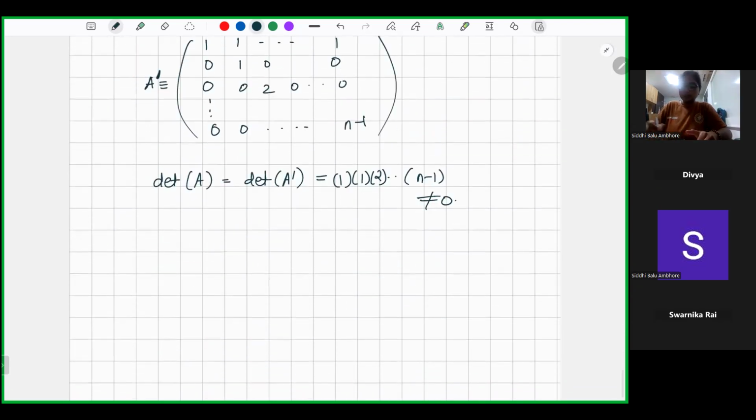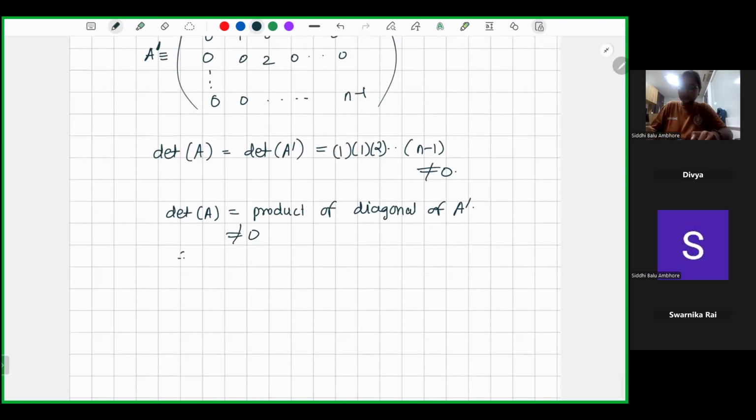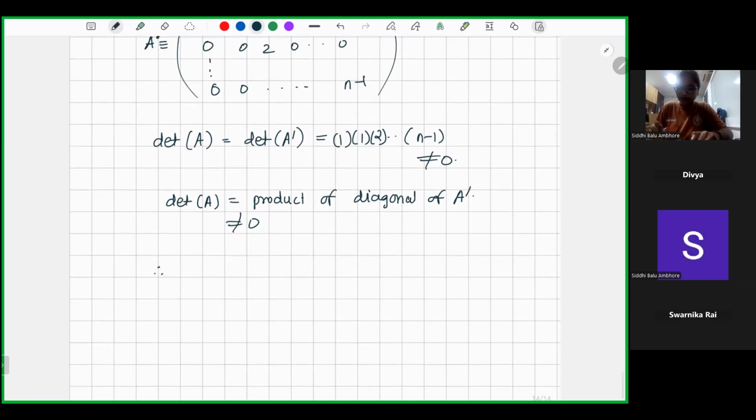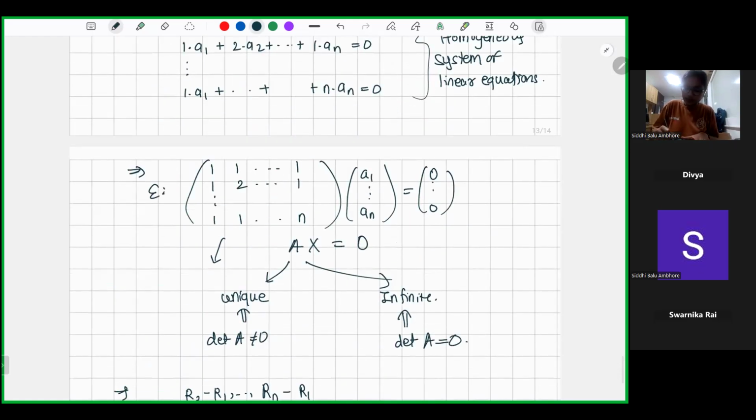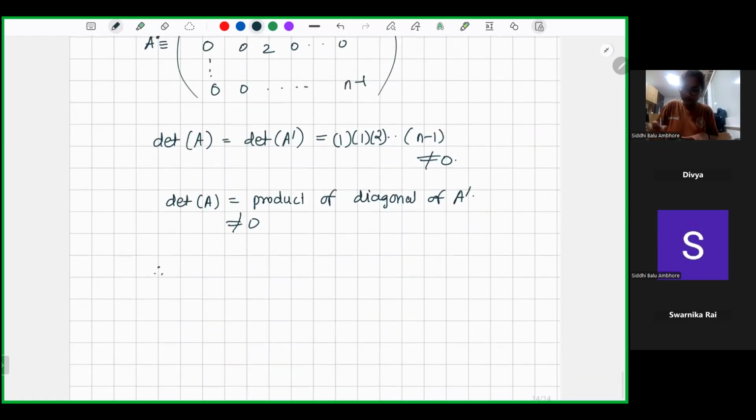Exactly, the determinant is the product of the diagonal elements of A dash, which is non-zero. Therefore, if I call this system epsilon, epsilon has a unique solution.